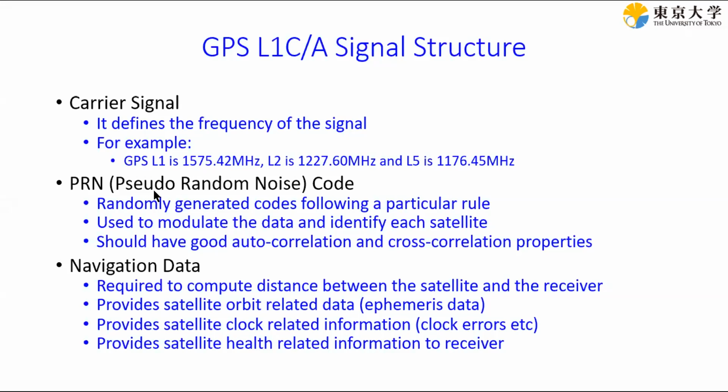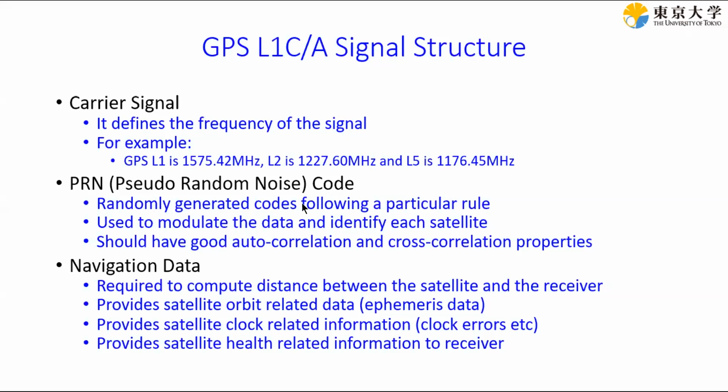Then you also need a PRN code. PRN is pseudo random noise. It's called pseudo random noise because it's actually like random noise, but this signal is very important in a satellite system for navigation or ranging, because without this, you cannot identify one satellite from another in the case of GPS, Galileo, Beidou.